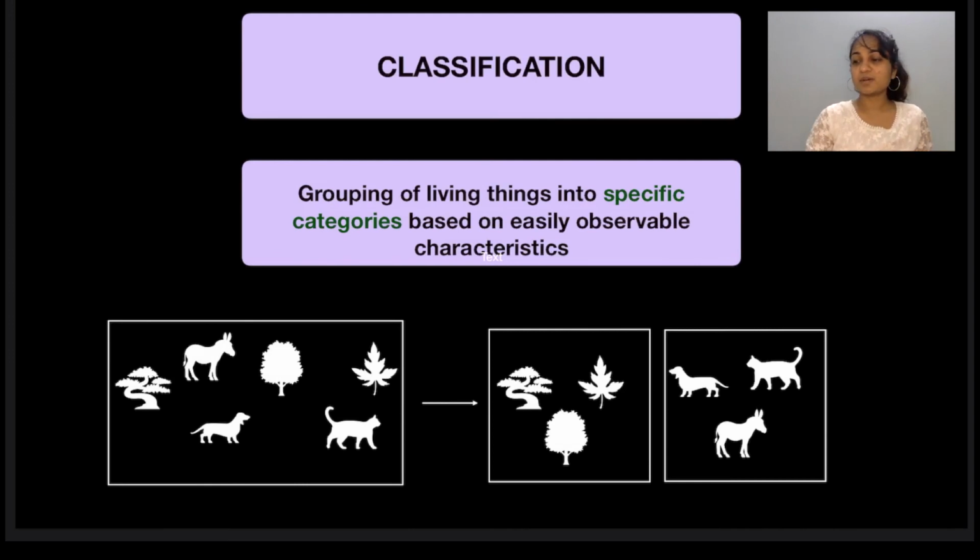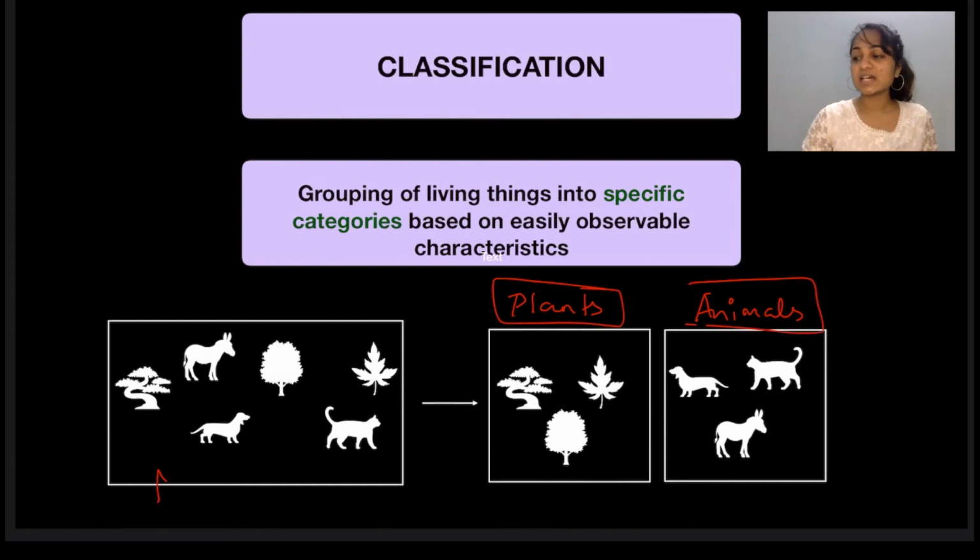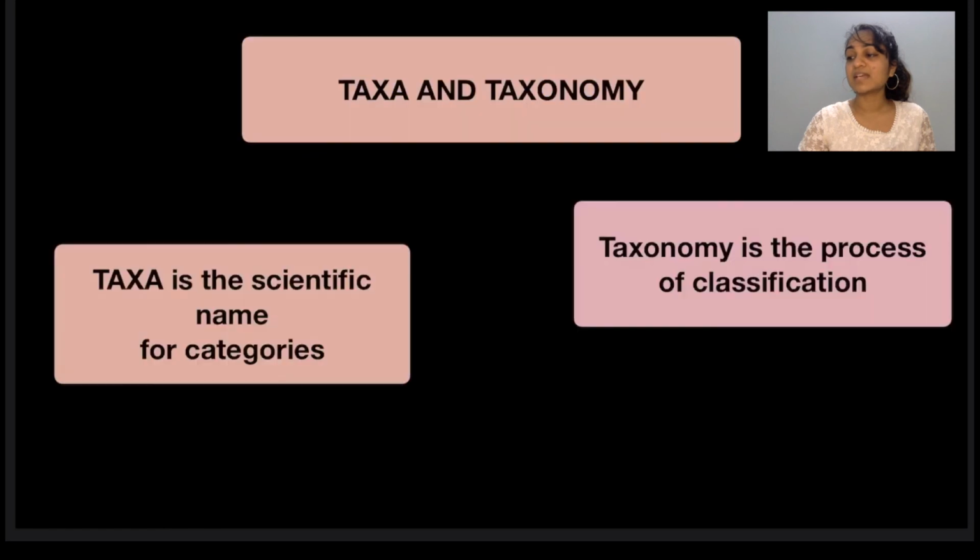For example, you have this image of plants and animals in this box, and if I had to classify them, I'd say, okay, here I have all the plants and the trees, and here I have all of the animals. So I've chosen some characteristics and put them into two different boxes, and this is the process of classification. And these labels or categories are called taxa.